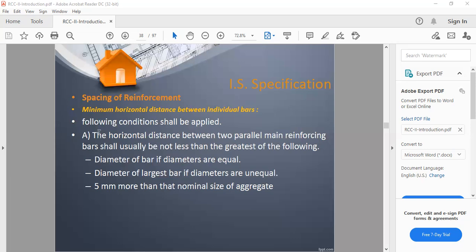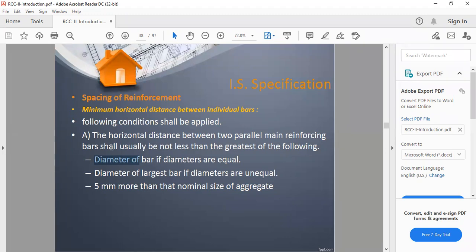So if you are going to provide main reinforcement bar, in that case you have to consider these three parameters. Diameter of the bar. So diameter ranges from say 6 mm, 8 mm, 10, 12, 16, then 20, 22, 25, then you have 28 and then 32.